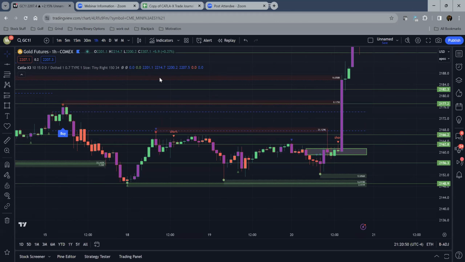What I simply do is take the wick of the doji and outline the zone.